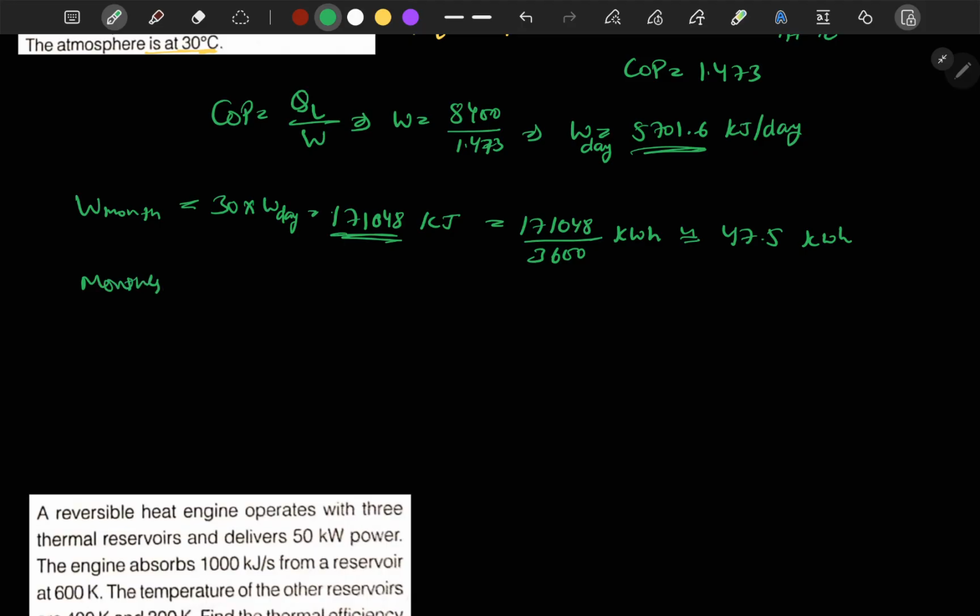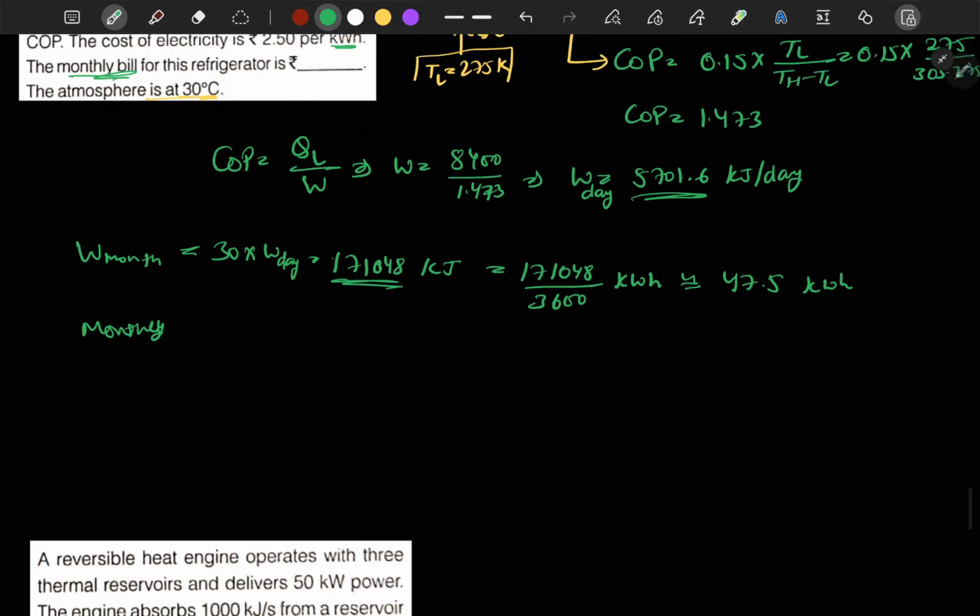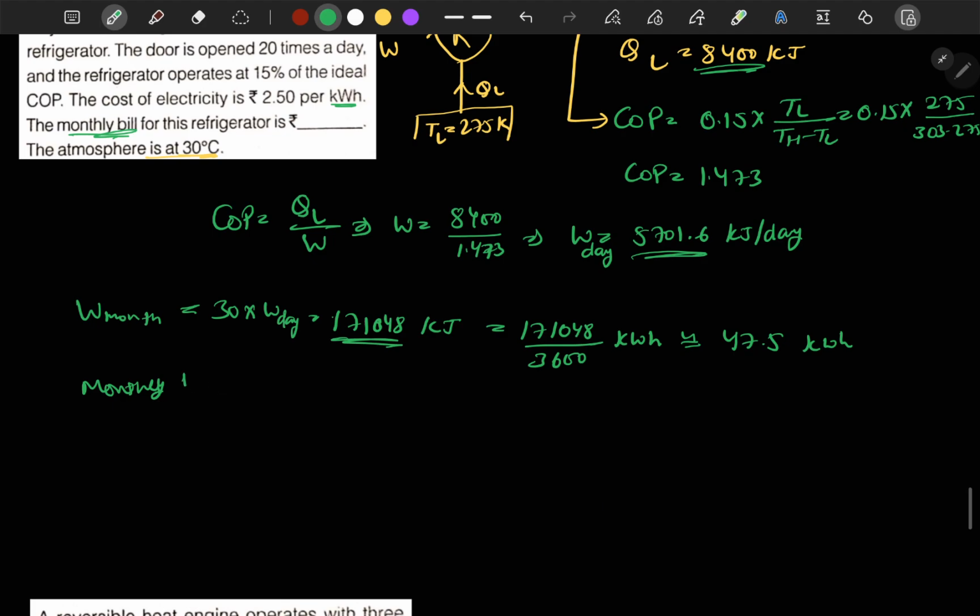Now for calculation of the monthly bill, we know that the cost of electricity is equal to rupees 2.5 per kilowatt hour.